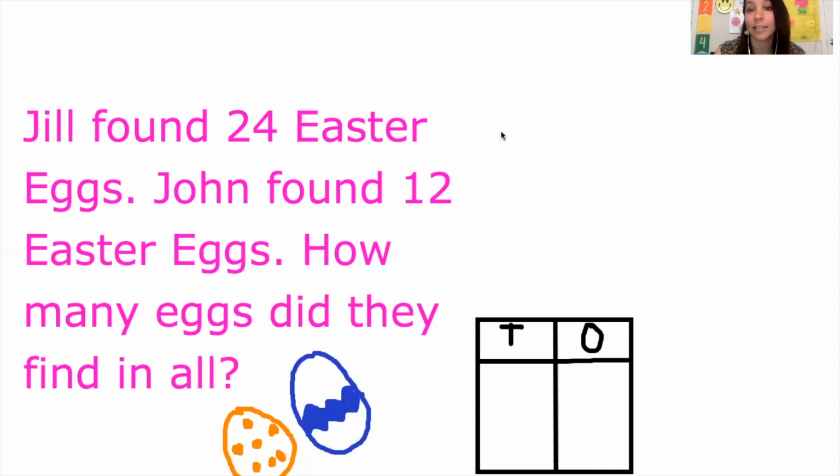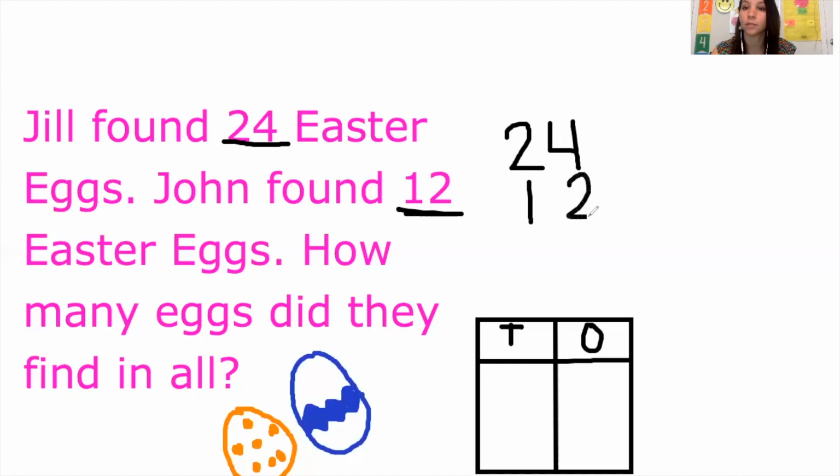So I'm going to go ahead and set up my addition problem. The first thing I know is that Jill found 24 Easter eggs. 24. Next, I know that John found 12. 12. I know that we're adding, so I won't forget my sign. And I'll start adding that way.